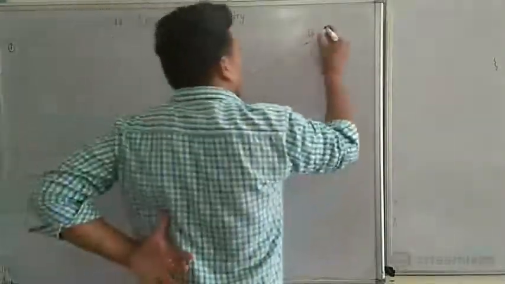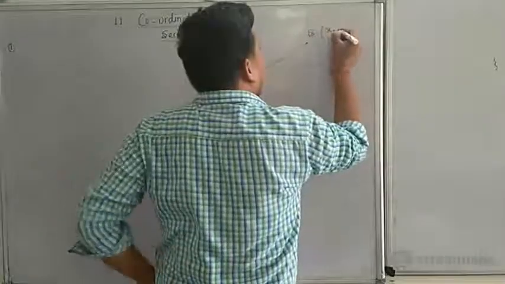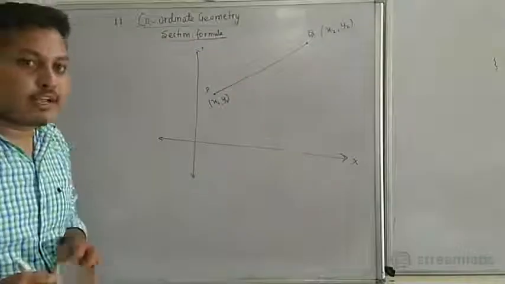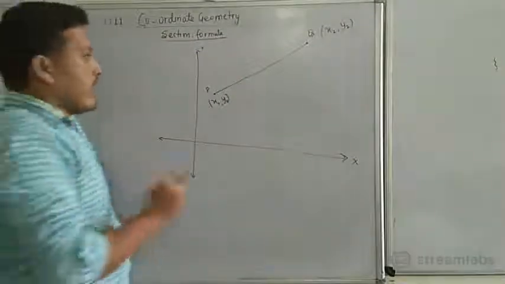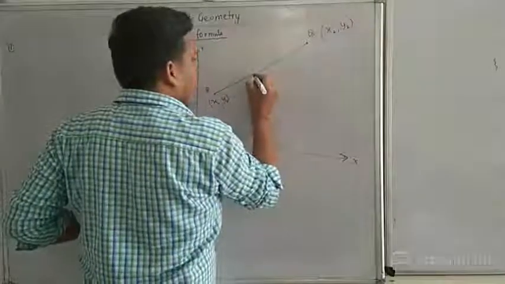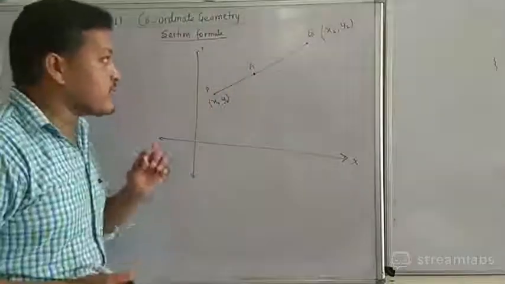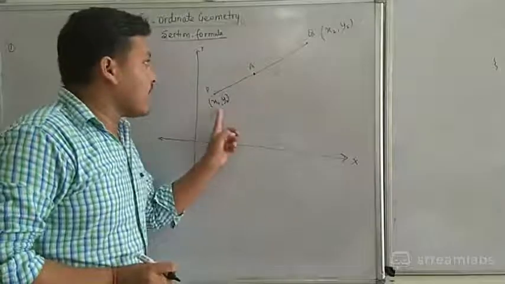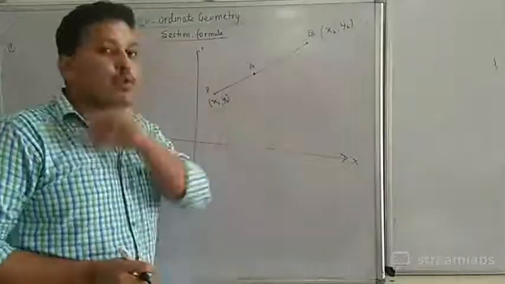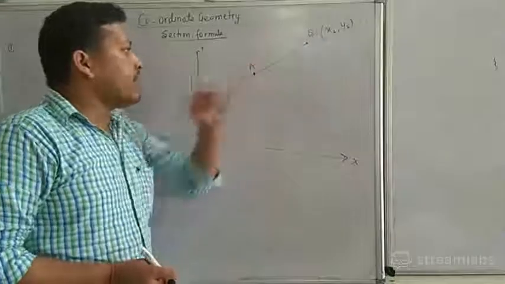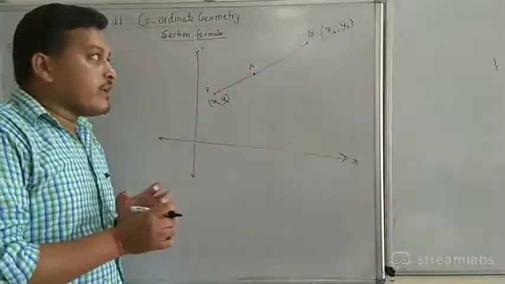Next, the second point Q, let its coordinate be x2 and y2. And a point A is here which divides the line segment PQ in two parts.